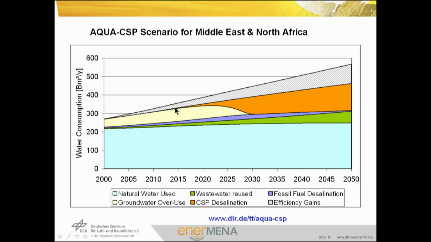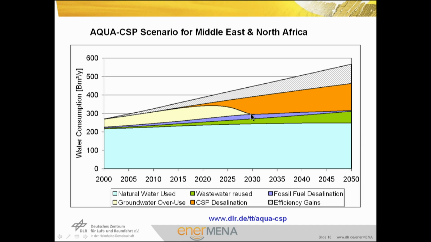So the problem is that the technology is there, but there is zero production of solar desalination today. And to reach a production of about 50 billion cubic meters per year needed here, for example, will easily take 20 or maybe 30 years. It is not possible to achieve that goal faster.